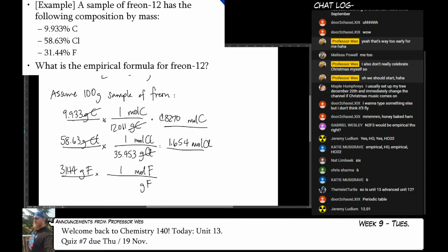Same thing for fluorine here, except I don't have this molar mass memorized. 18.998 grams of fluorine per mole of fluorine. Let me cancel the units out.